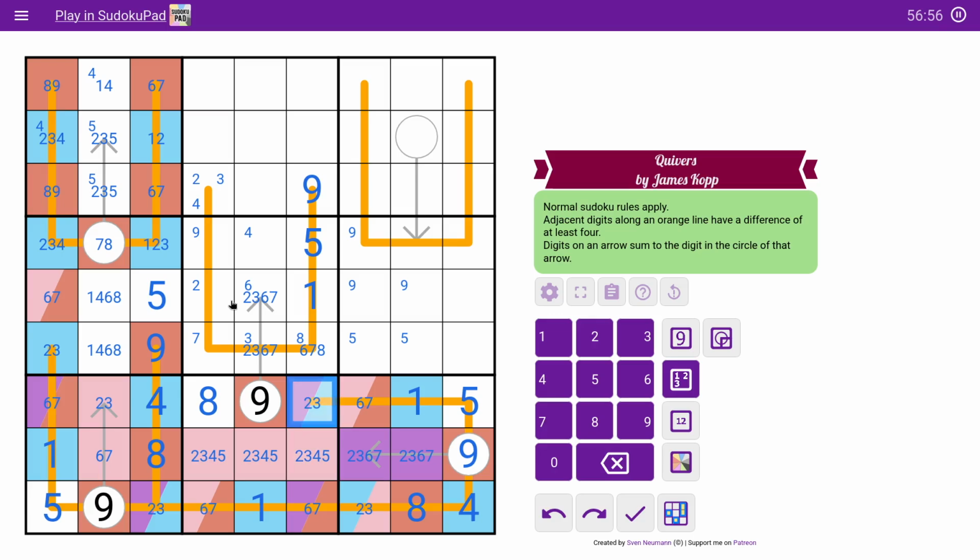This would be 7, so peach would be 7, 2. Purple would be 3, 6. Five, 1. It's truly no contradiction.